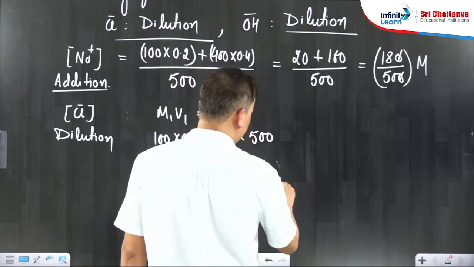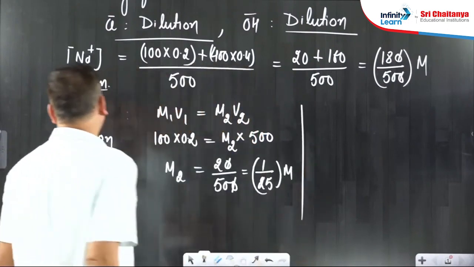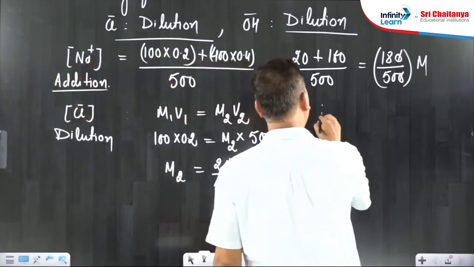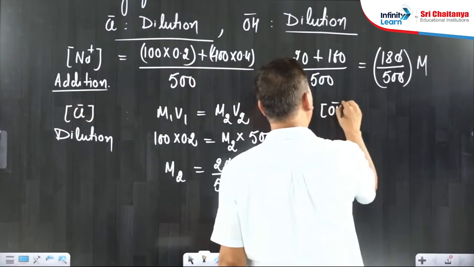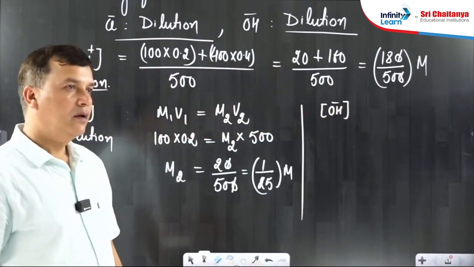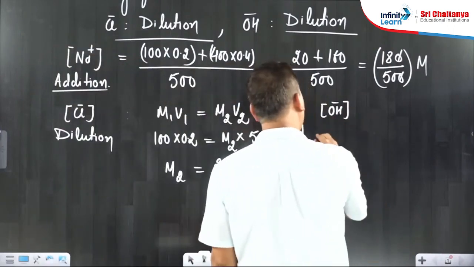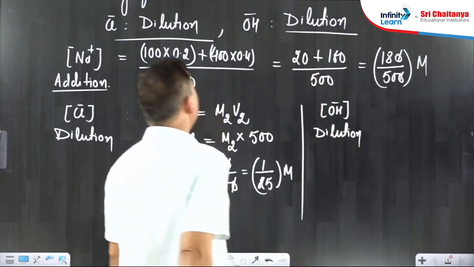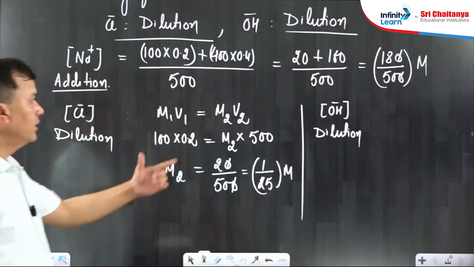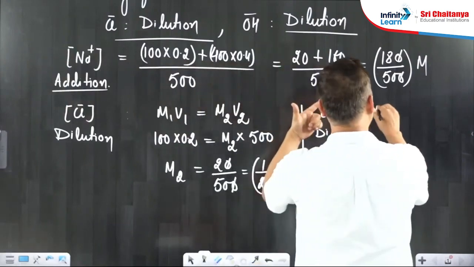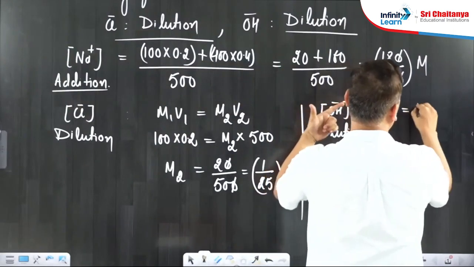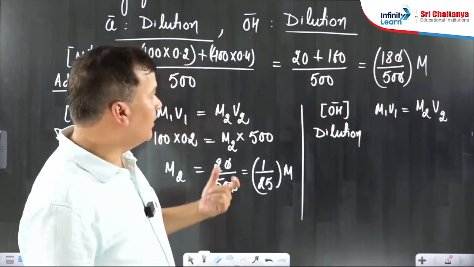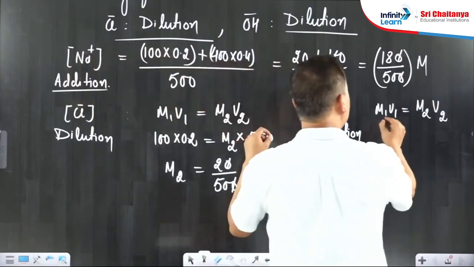That is the molarity of the chloride ion. If we have to find the molar concentration of OH, they are going to dilute. So for dilution, M1V1 is equal to M2V2. What will be M1 for this one?